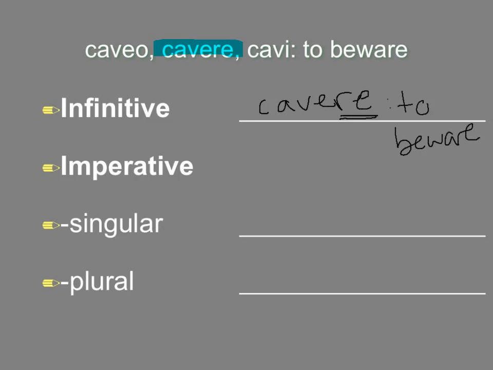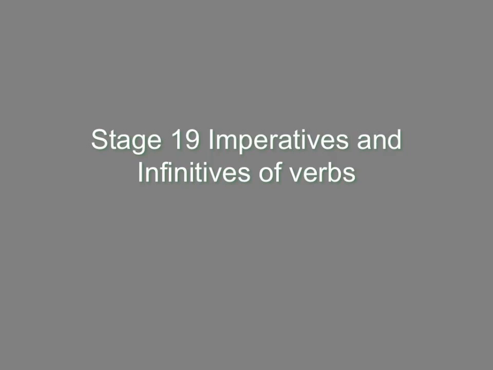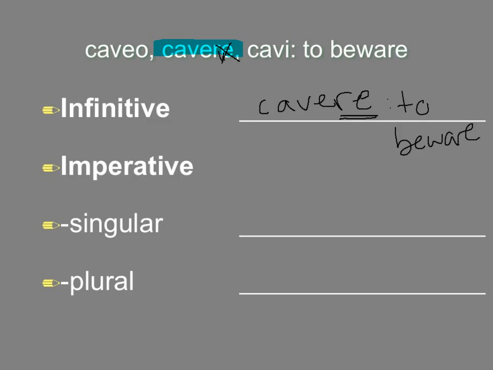Then if I want to use it to form my imperative, I'm going to chop off this RE. So no more RE. So my stem for my singular imperative is cave, and I'm also going to put it down for my plural with the change as the plural is going to have a TE on the end.